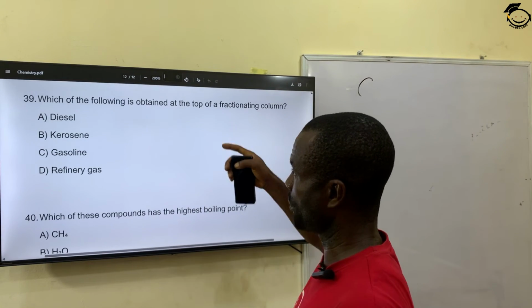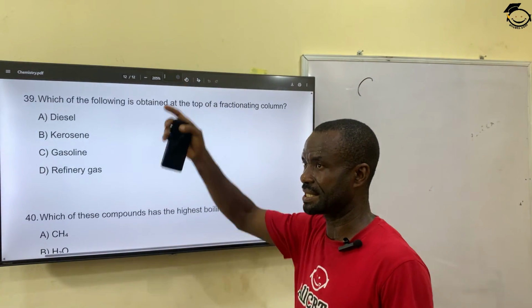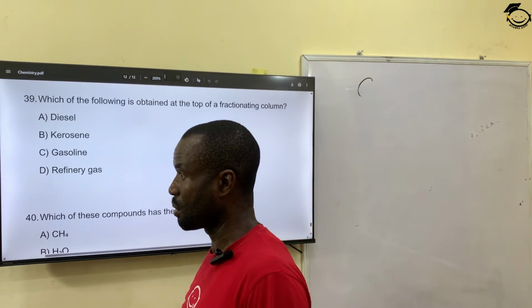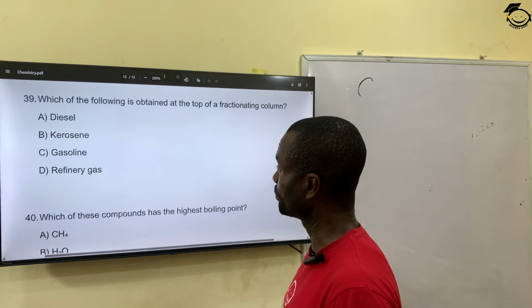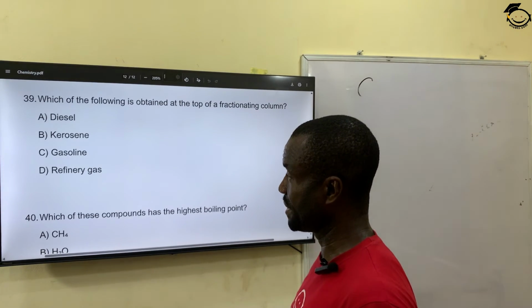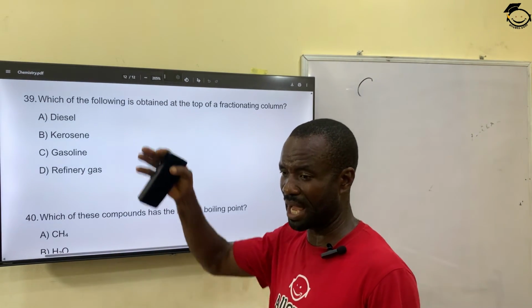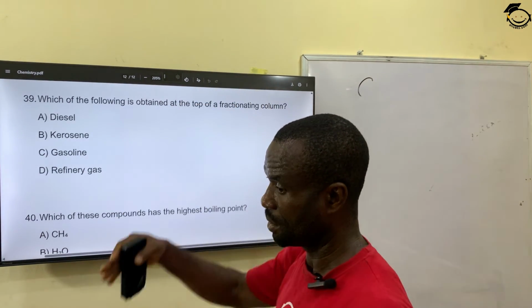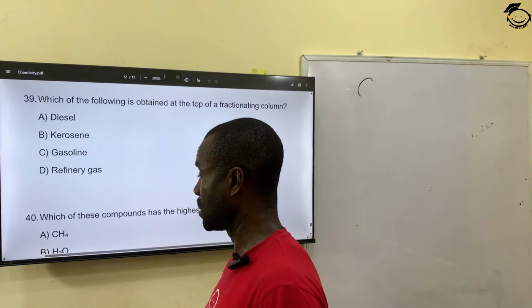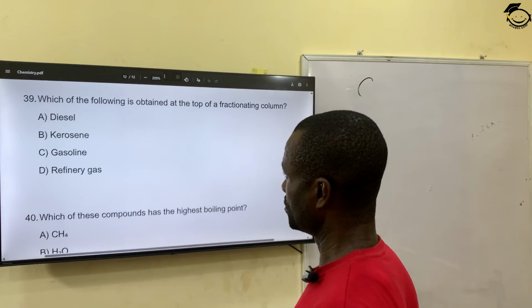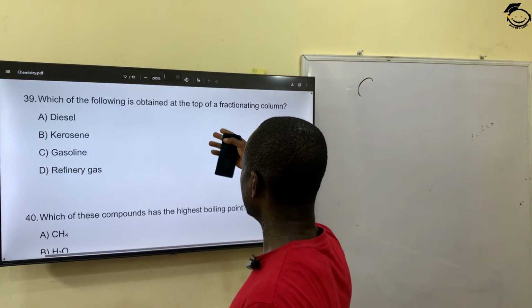At the tower, we have the less dense material on top, while the highly dense material is at the lower base. Material with low molecular mass, usually gases, are on top, while the high molecular mass ones are at the lower end of the column. So which of the following is obtained at the top?